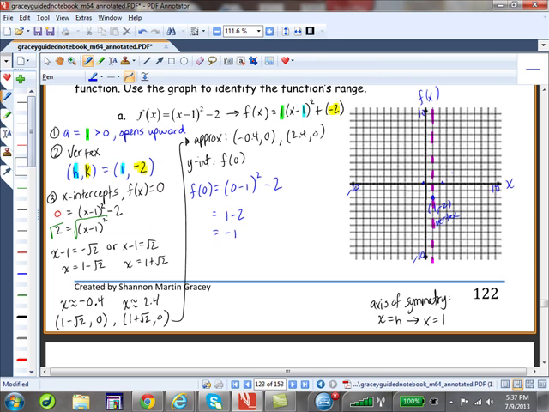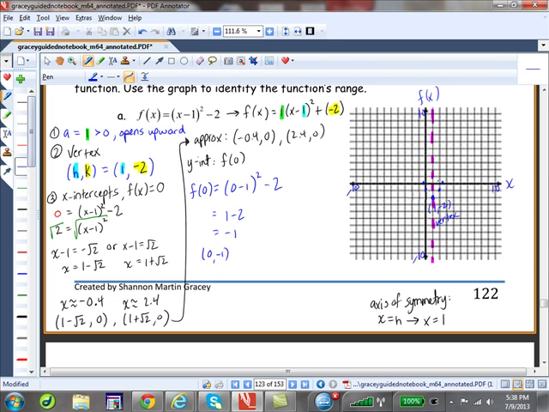Our y-intercept was at, and I didn't write this in, the ordered pair 0, negative 1. Which means if you go across, we'll get another ordered pair here. So we actually have 5 ordered pairs.